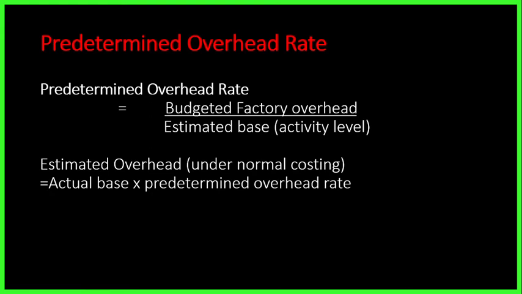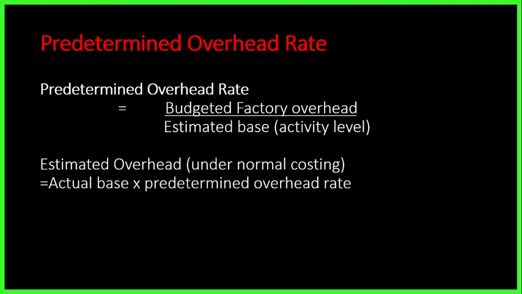And then you divide that by your estimated base or your activity level, the activity that will be used to compute or to apply your factory overhead. That's also known as your allocation base in most of our textbooks. We'll have some examples of that later.